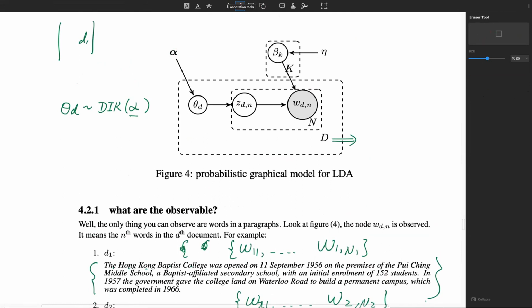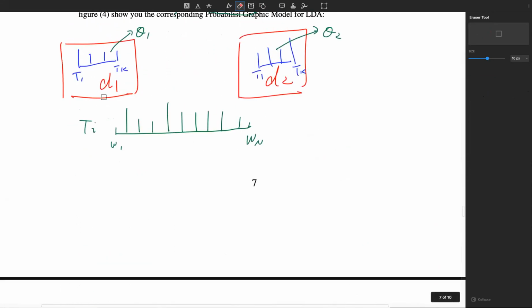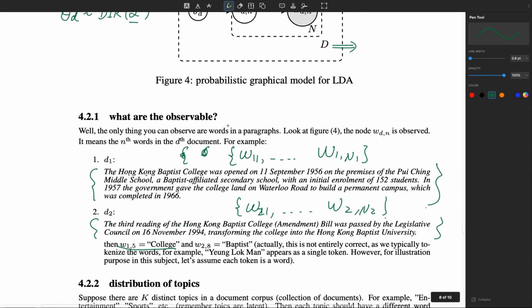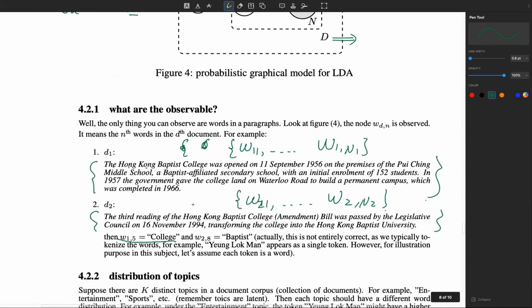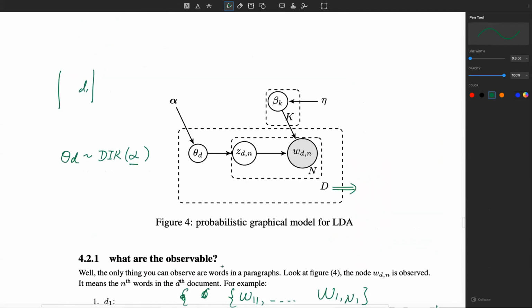Now you get the idea that every document has its own topic distribution, and every topic has a word distribution. If this topic is sport, then certain words will have very low probability, and others will have very high probability.